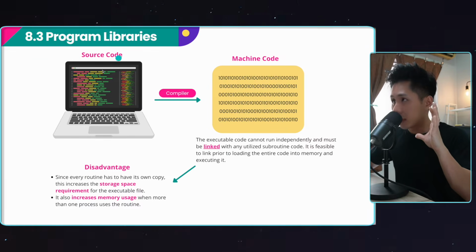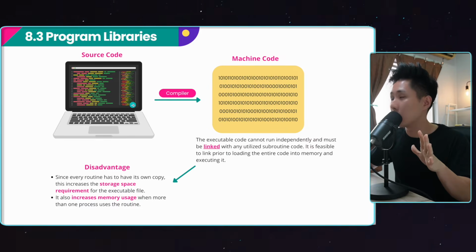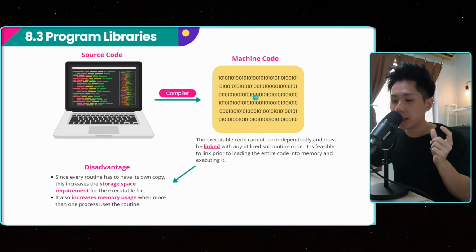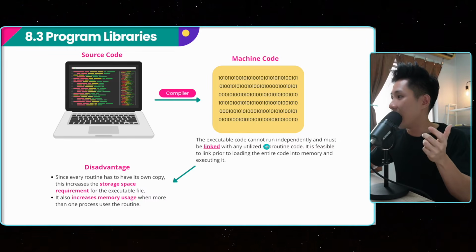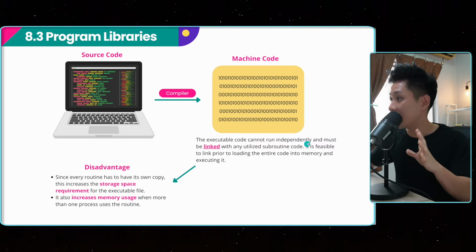As you know, source code will eventually be converted into machine code, because this is the only language a computer can understand. The executable code cannot run independently; it must be linked with any utilized subroutine code.